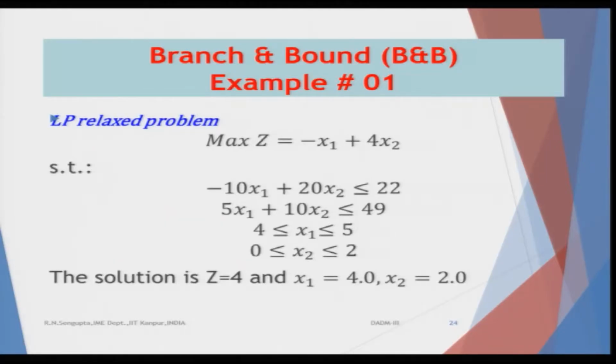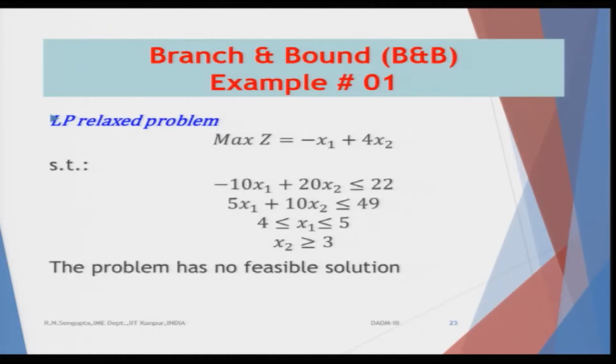Now, I would come to the other solution in the subsequent talk which is continuing. The integer programming problem is the maximum problem, the same constraints are the same, while x1 has only values 4 and 5 and x2 has values of 3, 4, 5, 6 until infinity.